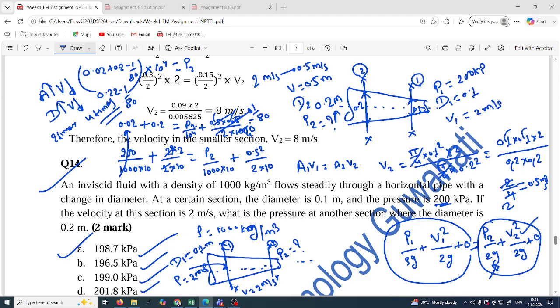And 1 by 80 will be how much? It will become around 0.01. I'll write 0.01, no issue for the calculation purpose. So 0.21 into 10 raised to 4. So it is around 210.